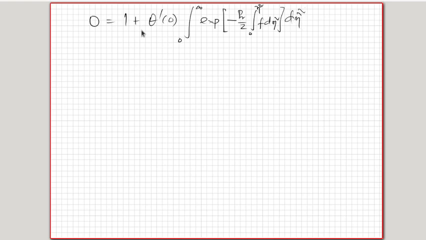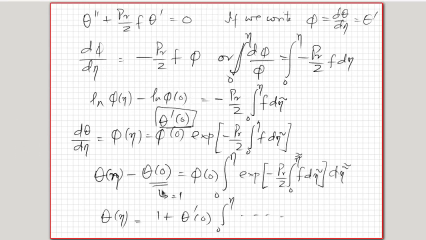Okay, so theta prime of 0 is an unknown, which can be determined from this integral. So theta prime of 0 is going to be equal to minus 1 divided by this expression, integral from 0 to infinity of exponent of whatever. Okay, so if I take this value and substitute into this equation, then I'll get minus 1 by the same integral but up to infinity.